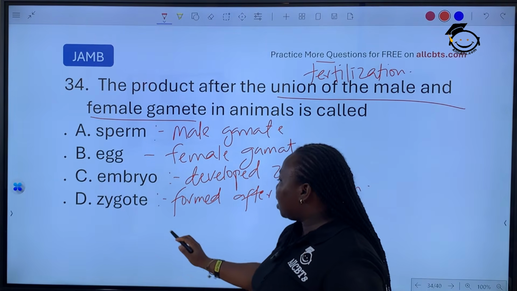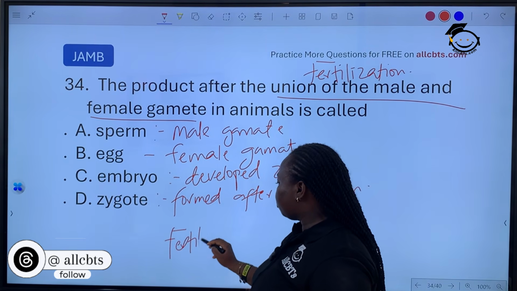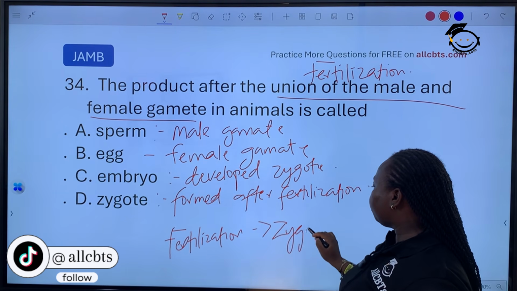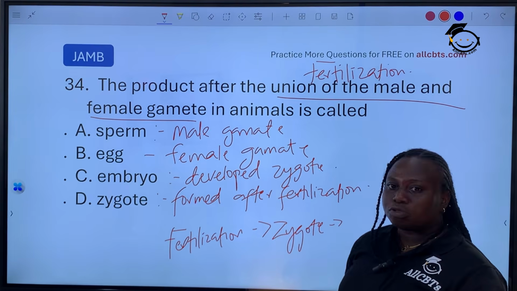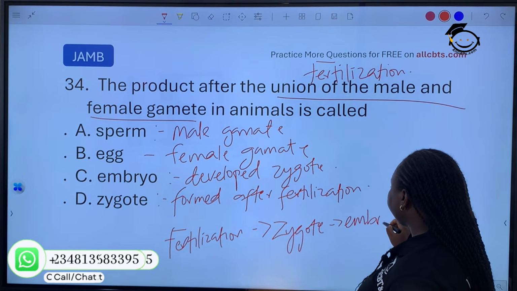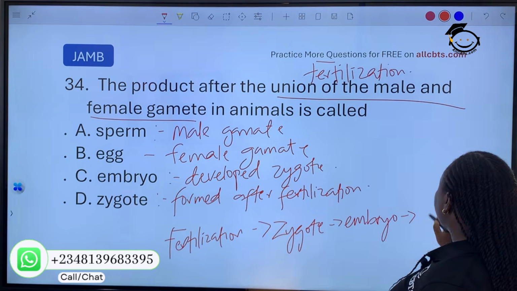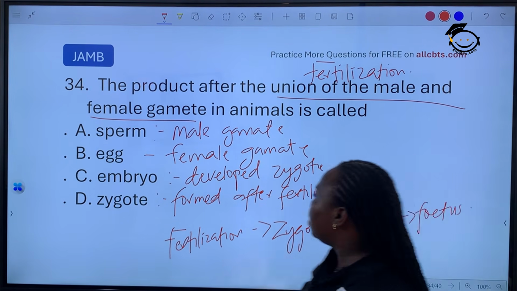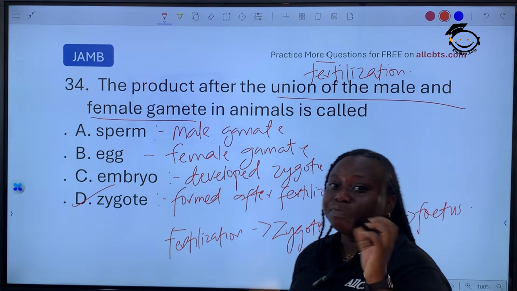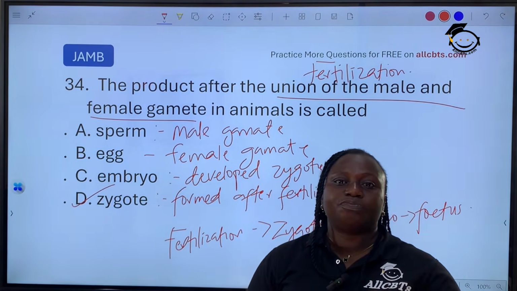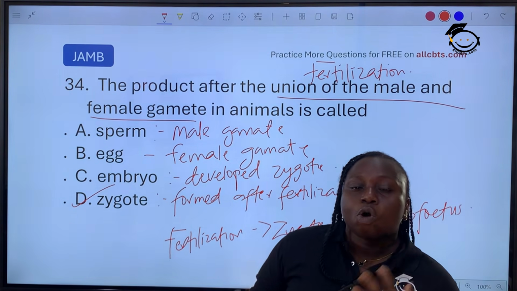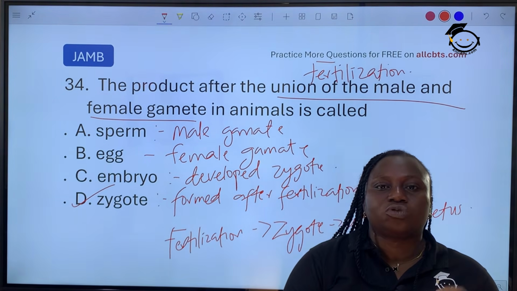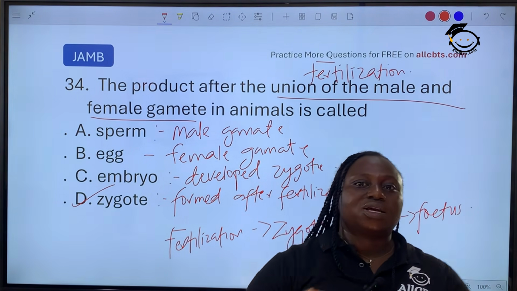Now, fertilization produces a zygote, and a zygote is developed to an embryo, which is later developed to a fetus. So our answer here is zygote. When the male gametes and the female gametes come together, it produces the zygote. So that zygote will now develop to an embryo. Then the embryo will now develop to a fetus and be delivered as a baby.